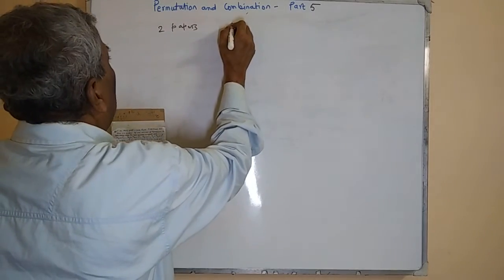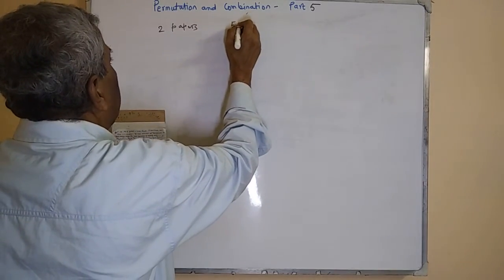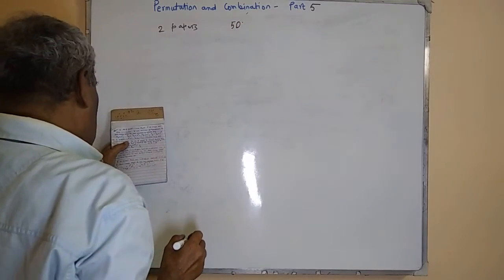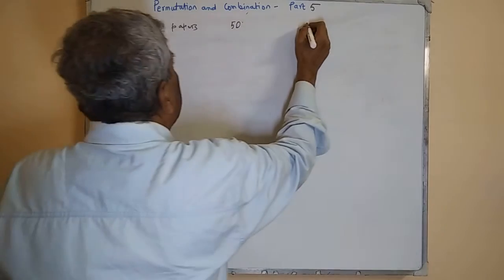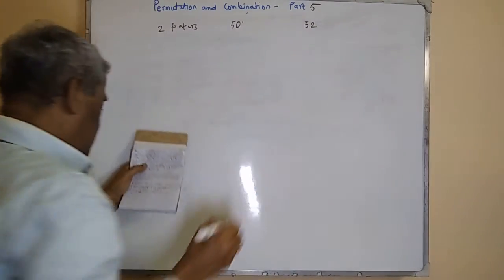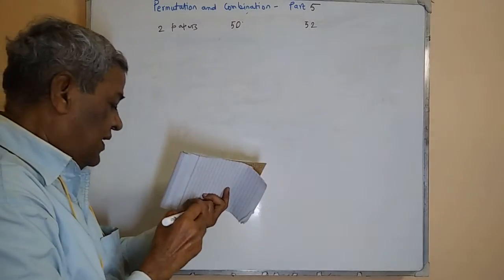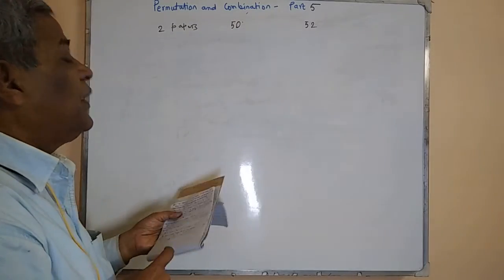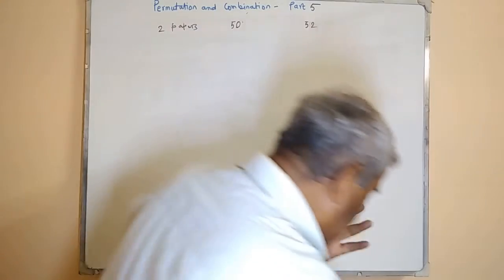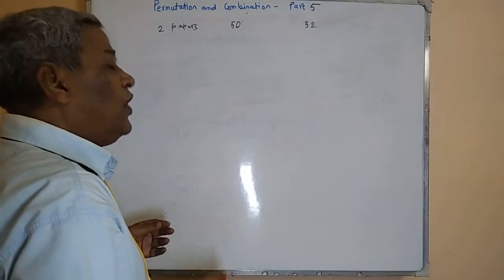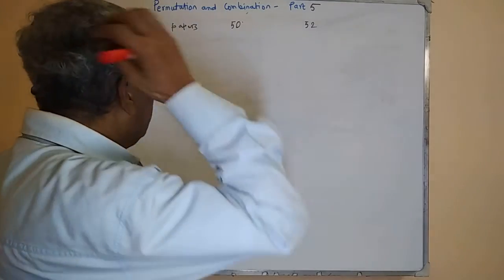Each of full mark 50. In how many ways one can score 52? In a question paper, in an examination, there are two papers, each of 50 marks.